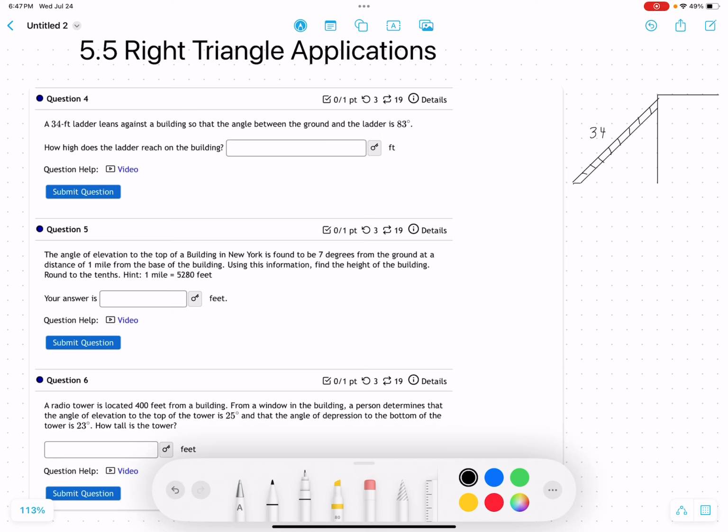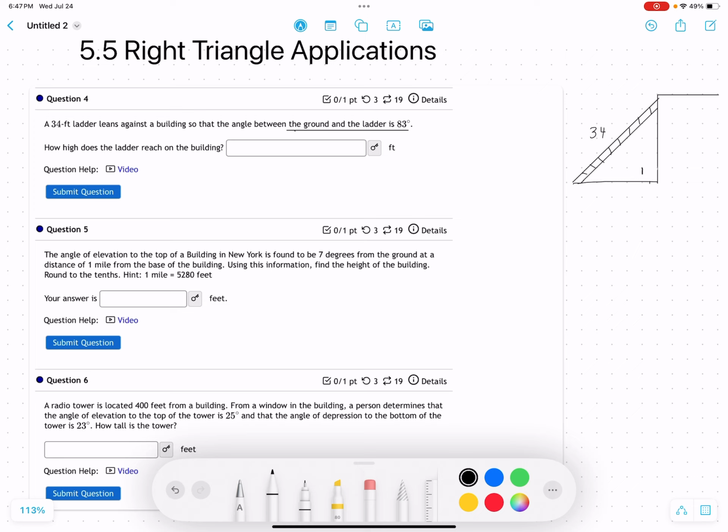A 34-foot ladder leans against a building so that the angle between the ground and the ladder is 83 degrees. I did not do a good job of making this to scale, but the beautiful thing is these things don't really need to be to scale in order to work.